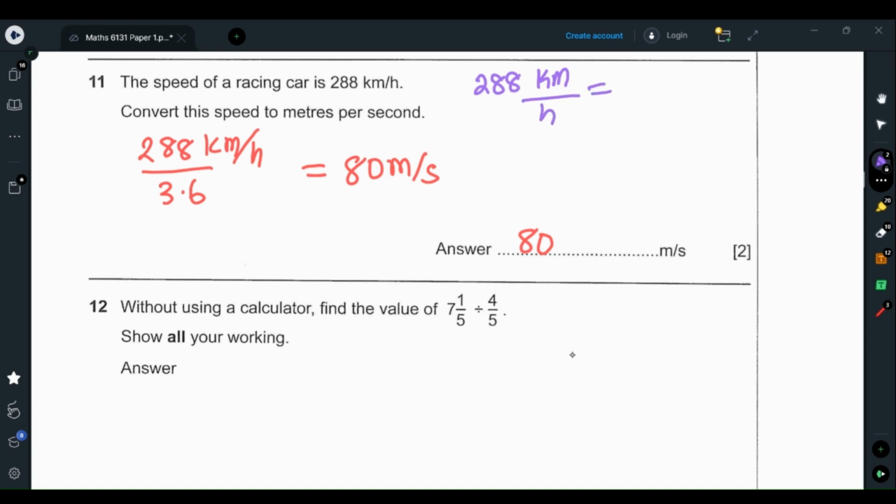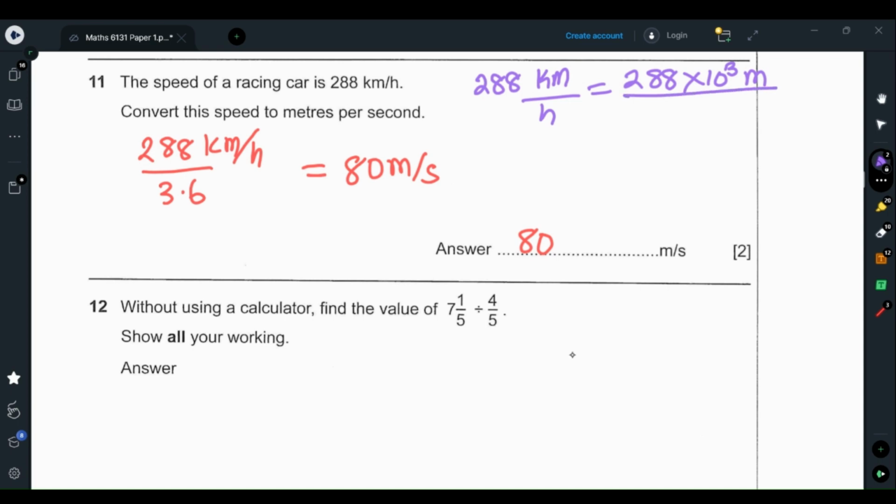So we know that to convert kilometers to meters, we need to multiply kilometers by 1,000. So we would say 288 multiplied by 10 to the power 3.